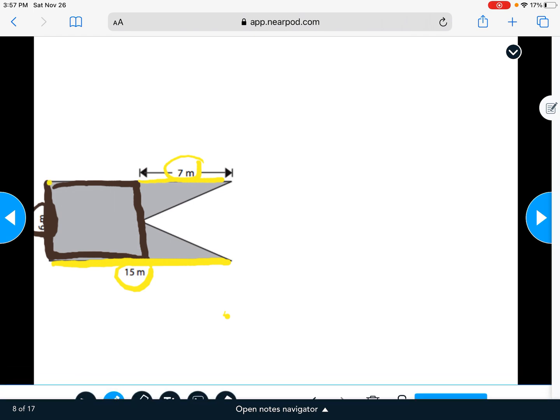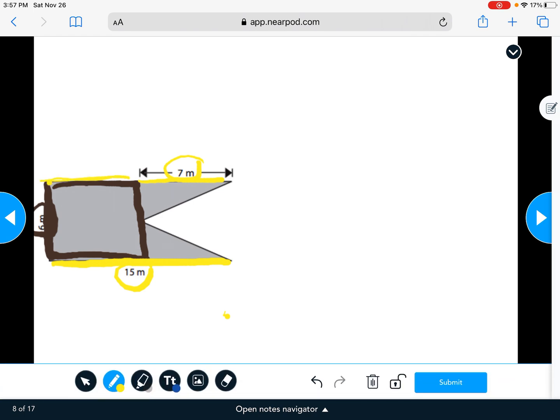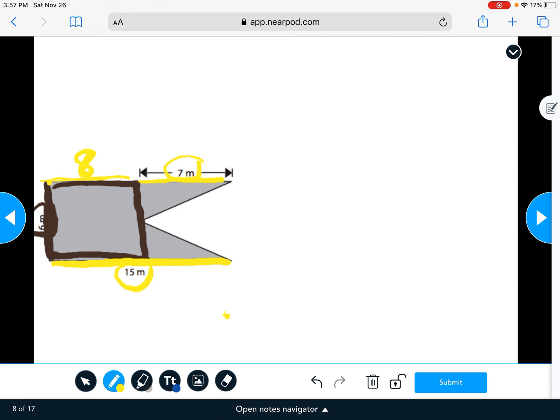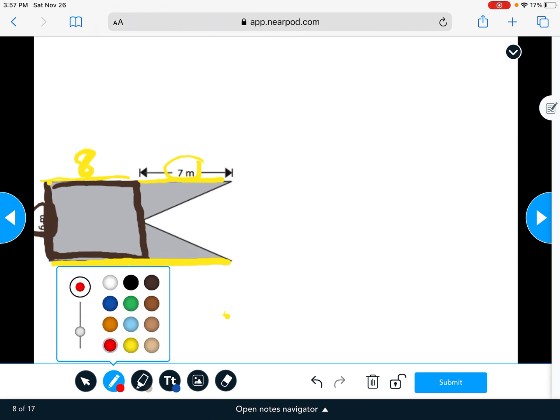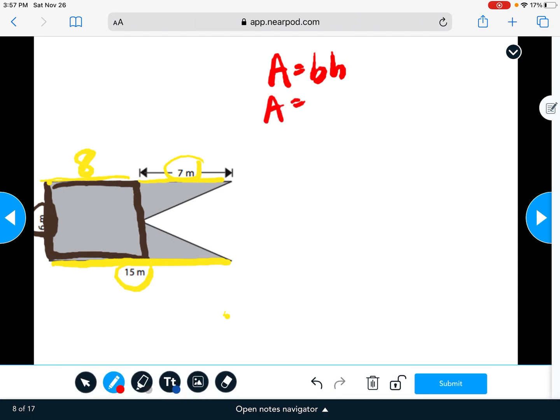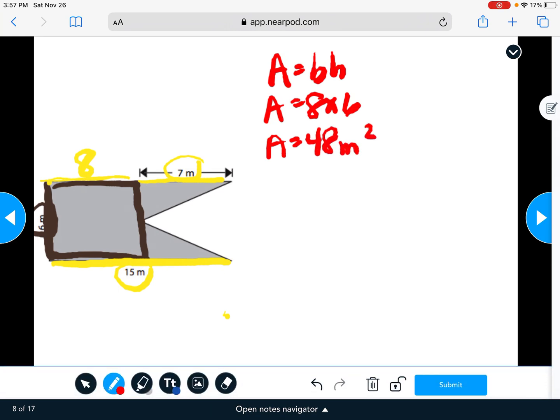So if I need this length up top, I'm going to subtract the other smaller length. 15 minus 7 would give me an 8. So therefore, I know the rectangle would be 8 times 6, which is 48 square meters.